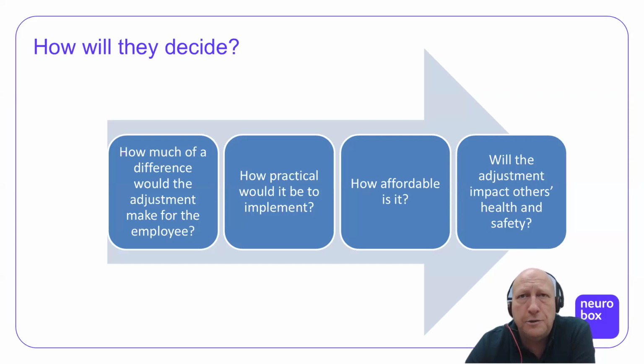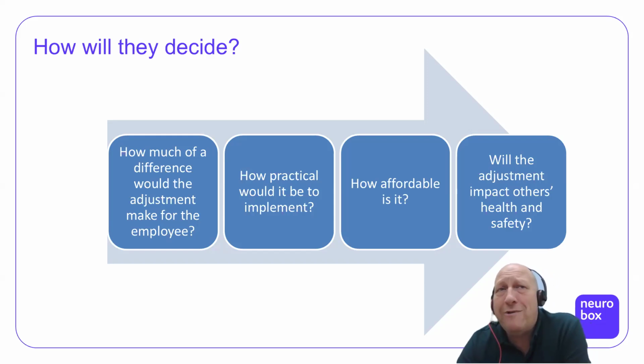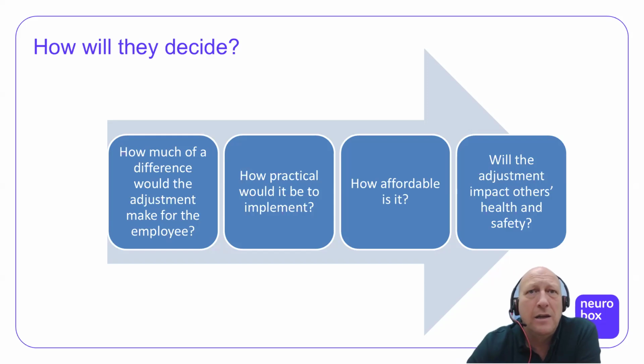The second question is how practical is it going to be to do this? Okay, and practicality can consider all sorts of things through to, let's say, for example, a piece of software, through to the practicalities of the organization's IT infrastructure being able to support that piece of software.